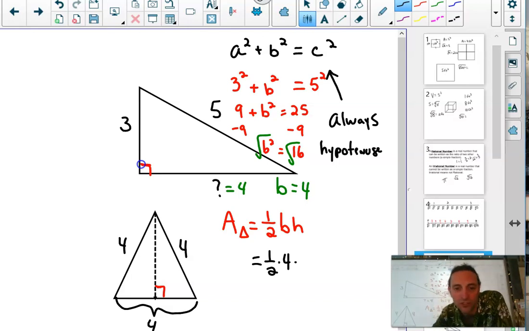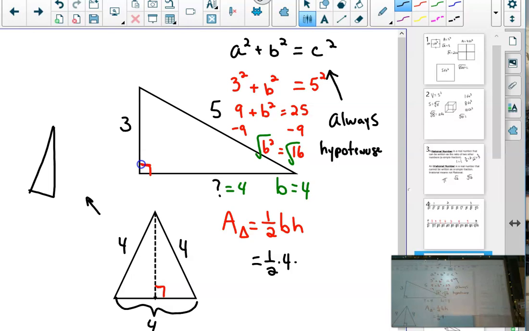Well, in order to do this, let's use the Pythagorean theorem to figure it out. So really what I've got here is a triangle that looks like this. This is 2 because I cut it in half. This is 4. All right, Pythagorean theorem again. So I've got 2 squared plus the height squared equals 4 squared.